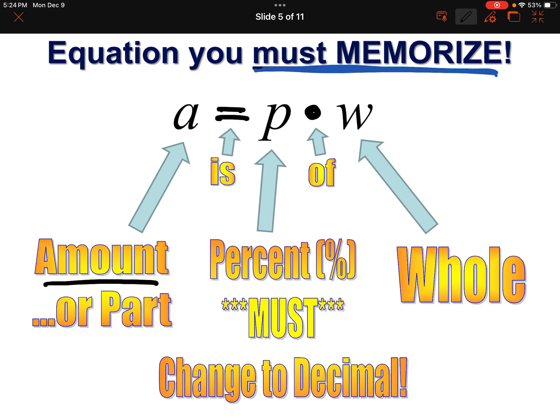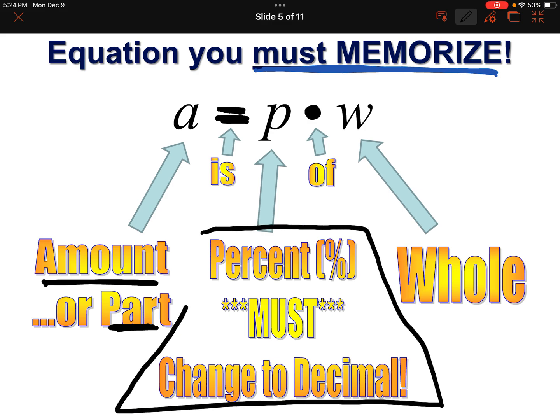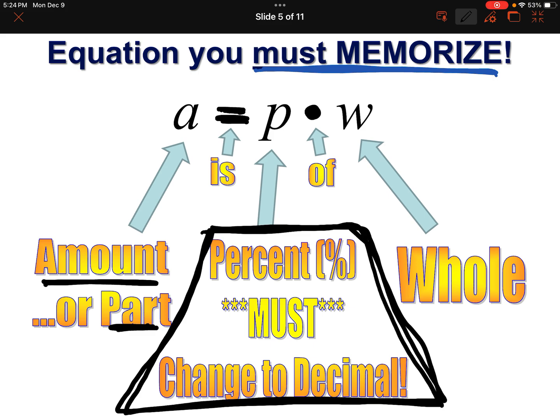A is still the amount, or the part. Is means equals. It's whatever's by the equal sign. Of means times. Here's the new piece that you need to put a big star by. P means percent, but instead of using it as a fraction like we did yesterday in proportions, we're going to use it as a decimal.